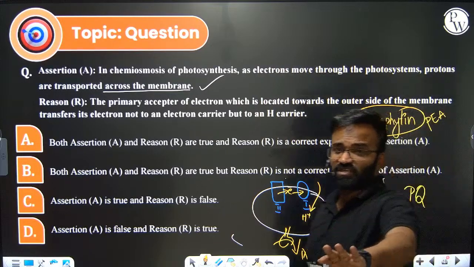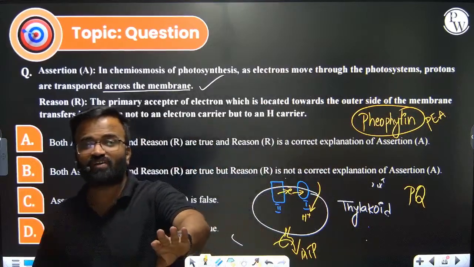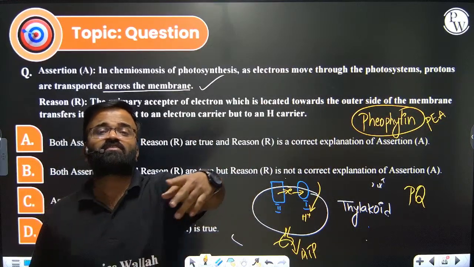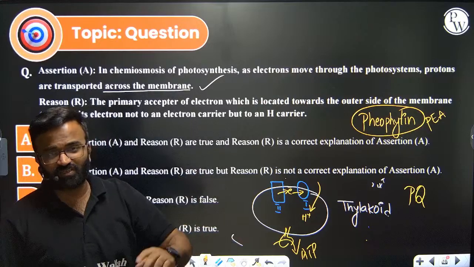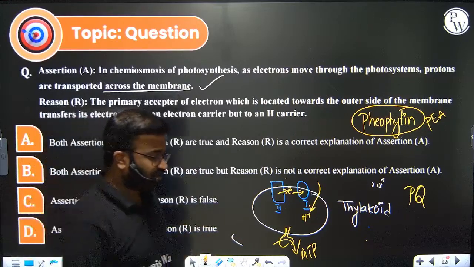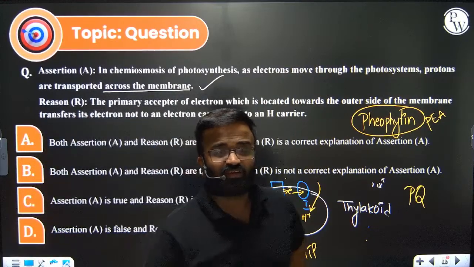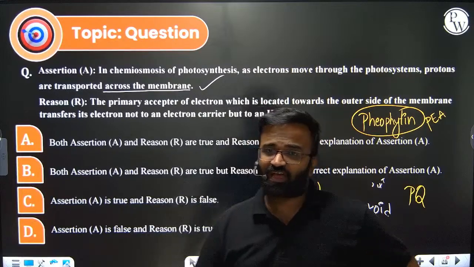Plastoquinone, which in fact is not an electron carrier, rather it is a hydrogen carrier.